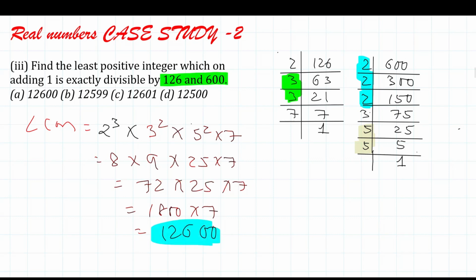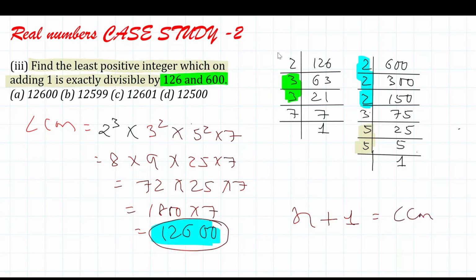Now read it again. It says find the least positive integer which on adding 1 is exactly divisible. We know that this is exactly divisible, but we are looking for a number which on adding 1 will be exactly divisible. So say x is such a number, on adding 1 should be exactly divisible, and exactly divisible is the LCM.